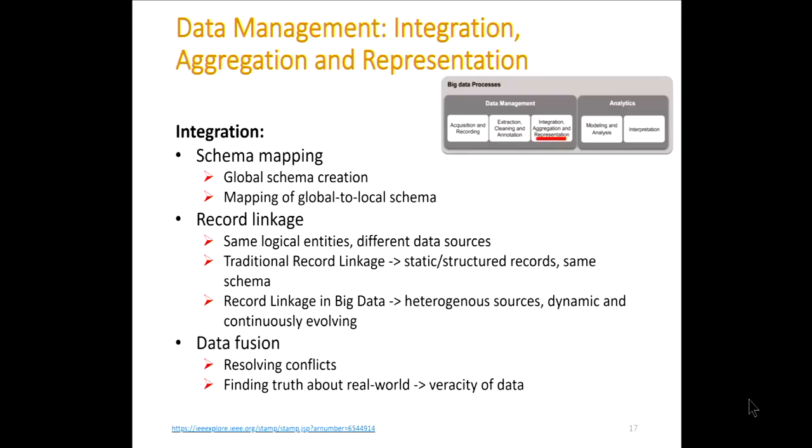Data fusion, on the other hand, is still an active research area. What they are trying to do is remove this ambiguity of this information coming in: should I link this person to this data instance, or should I link this data instance to this data instance?